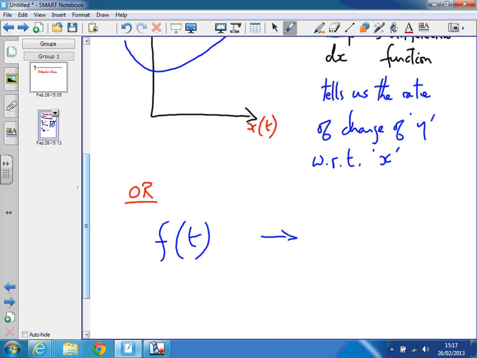And if I want to find a differential function, then the notation, instead of writing dy by dx, is to write f prime t. So this is the differential function as above.